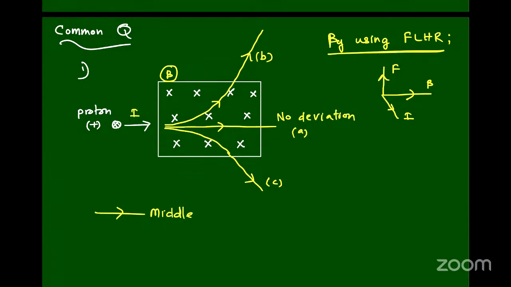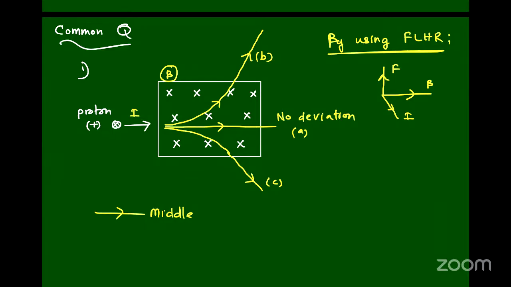Okay. So I'm explaining this question. While I'm explaining, you need to rotate your left hand and see, right? There are no other methods to deduce this answer. So definitely you need to use the left hand.